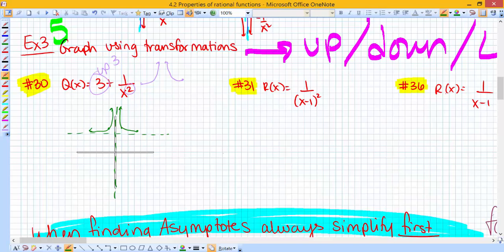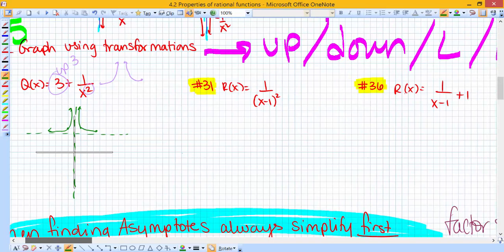So there's that graph. This next graph, transformations make this really easy. I see that square. Since I see a square and I don't have a negative out front, it's going to do something like that again. But this number tells me I'm going to go right 1. I got to change the sign.